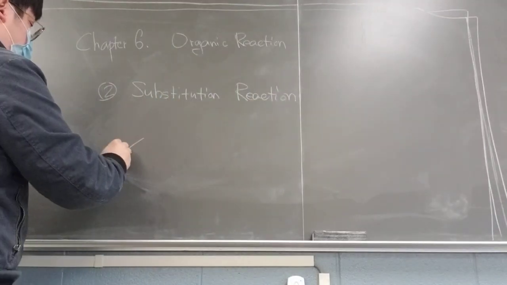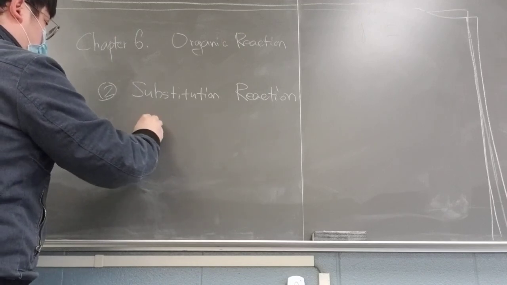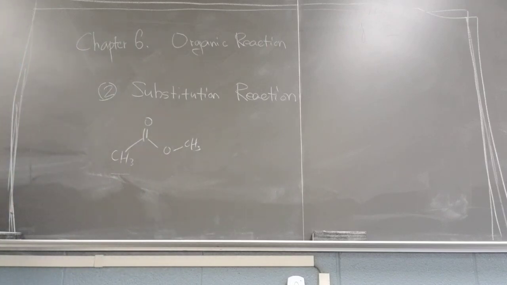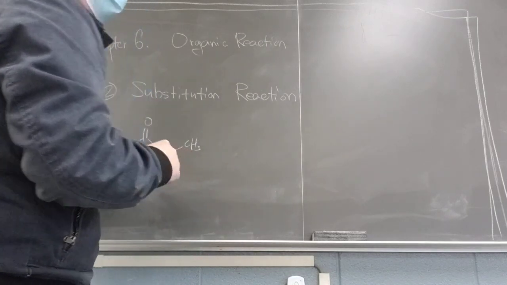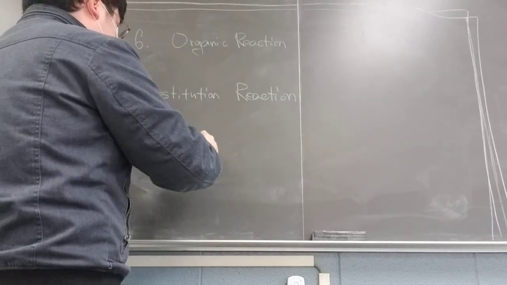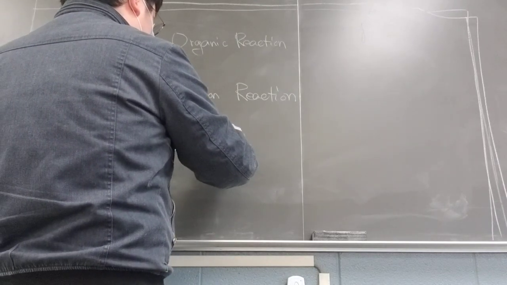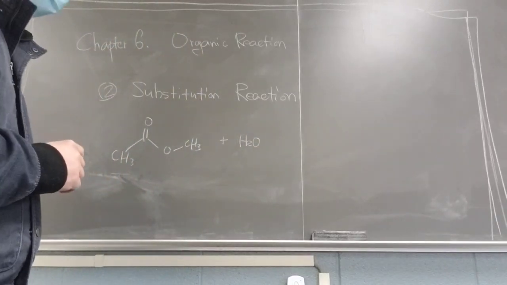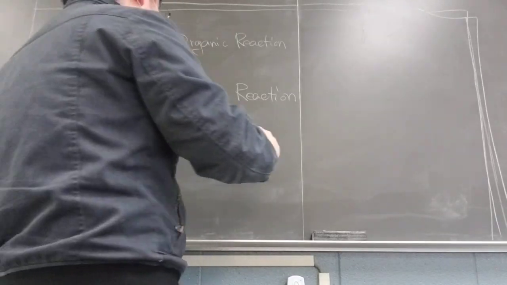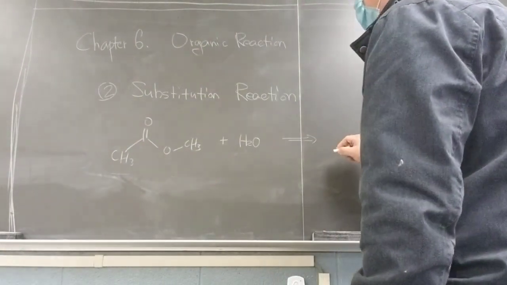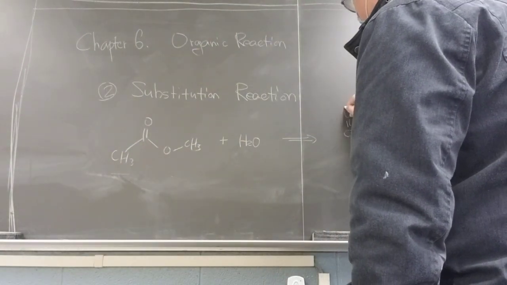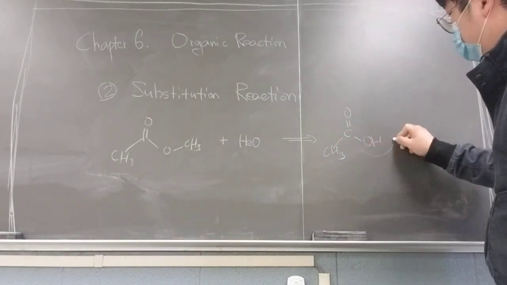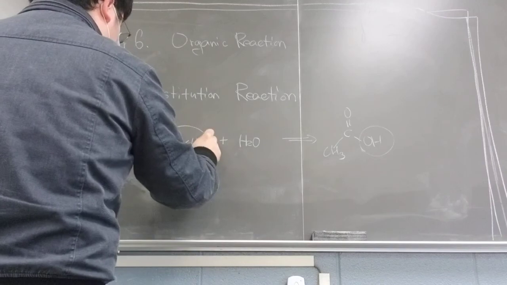If you have a compound, and we're going to interact this compound with water, what happens is it's going to have a carboxylic group over here. So I want you to look at this part here and here.